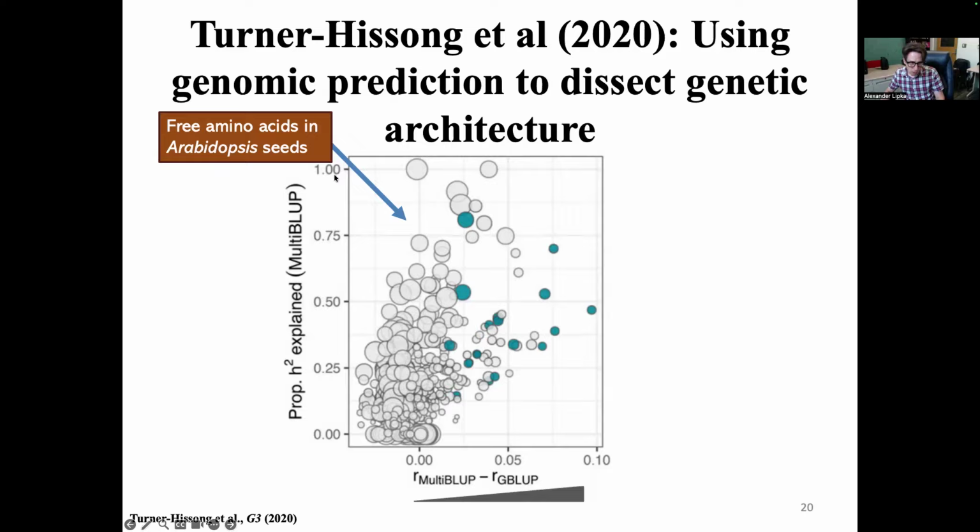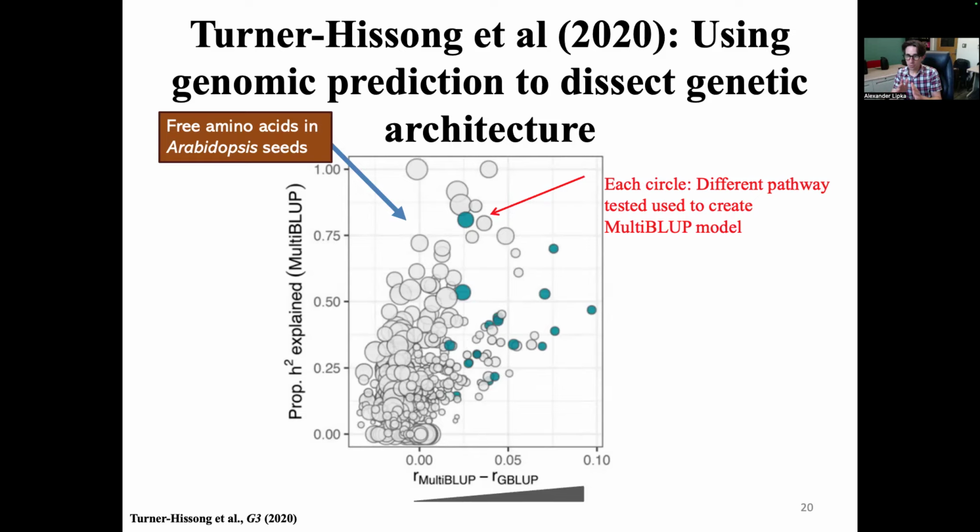And then our y-axis, this is the proportion of heritability of your trait that is explained by markers that are near these genes. Okay. Now, again, each circle depicts a different pathway tested using this multi-BLUP approach. And then all of the circles that are colored in blue are statistically significant. These are statistically significantly better predictive abilities than a standard GBLUP model.